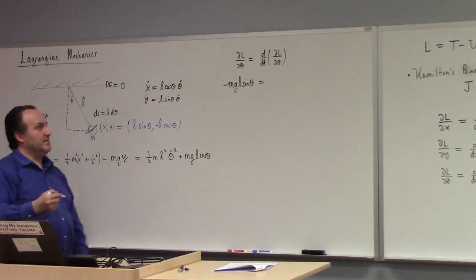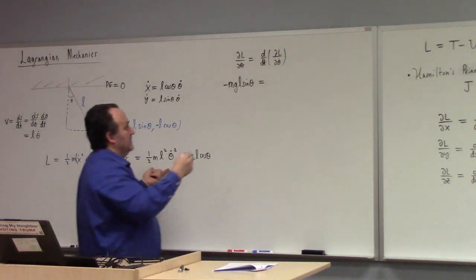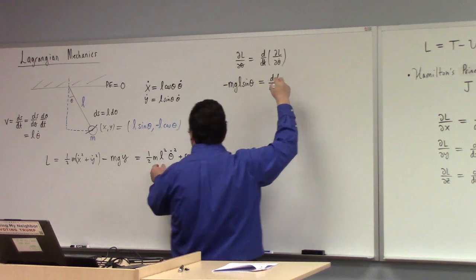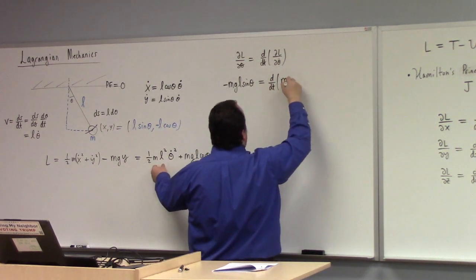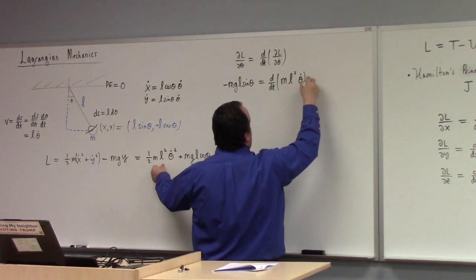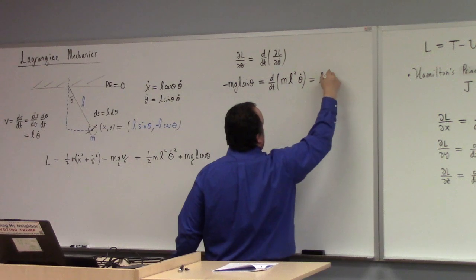From this piece. And what's the partial L partial theta dot? I think that works out to d dt of what? m L squared theta dot, right? In other words, L times dL dt, actually.